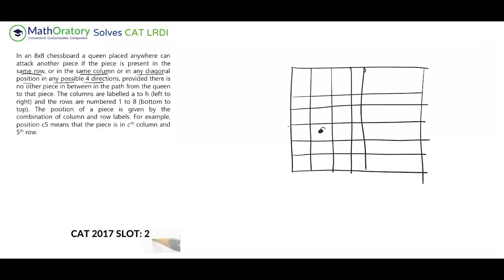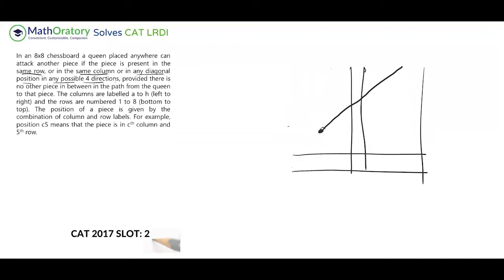But this is part of this diagonal as well as this diagonal, right? It is part of both of these diagonals, and it can hit on the columns, it can hit on the rows. So that is what is mentioned, right? So this is how the movement of the queen and the attack goes. That's what is mentioned. So let me take this off as of now.